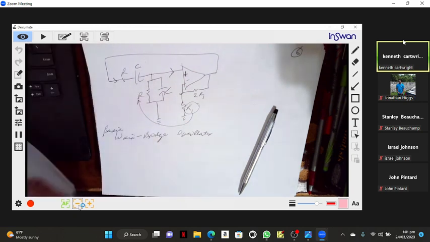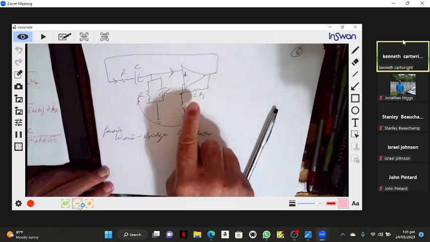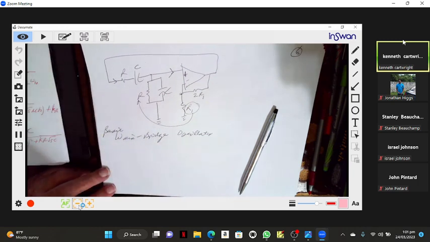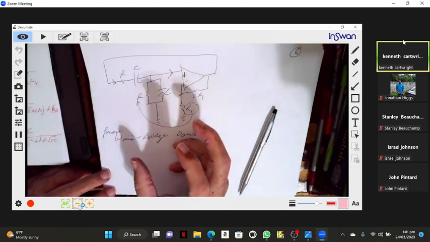All right. Now let me tell you what the problem with this is. If you have the gain exactly 3 in the real world, and I'm talking about the real world, this may not oscillate.